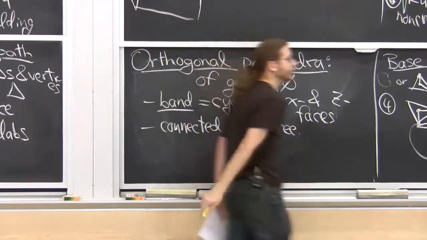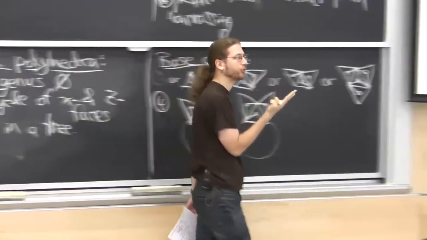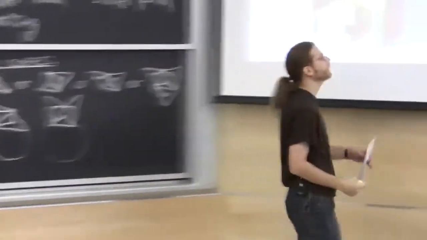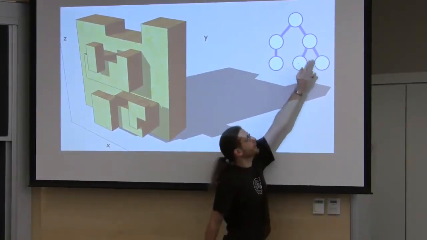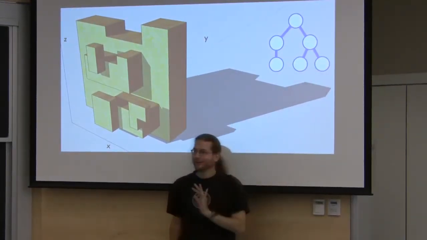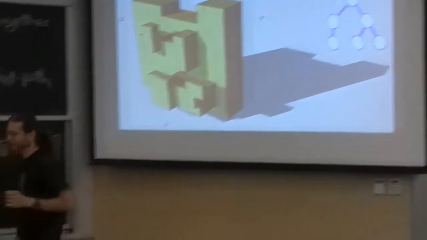Now the rough idea is we're going to take a depth-first traversal of this tree. We're going to start at the root, work our way down, come back up, work our way down, and something like that. It's not going to be quite so simple.